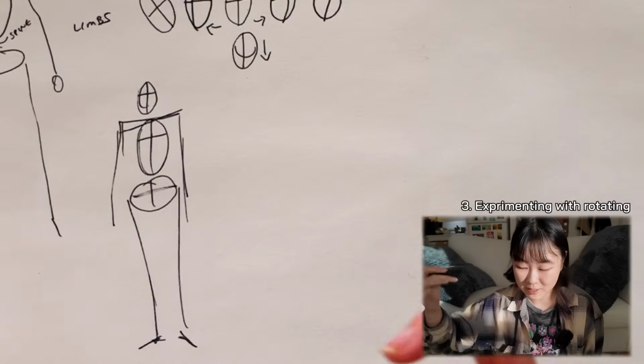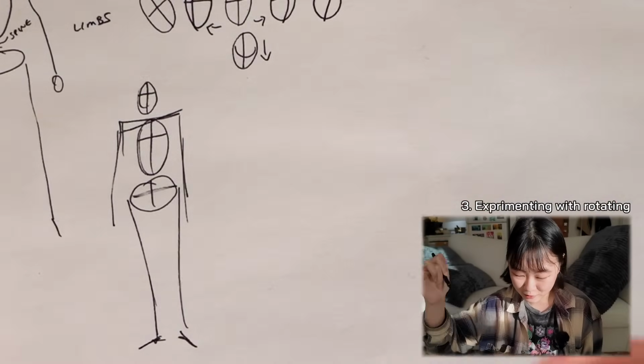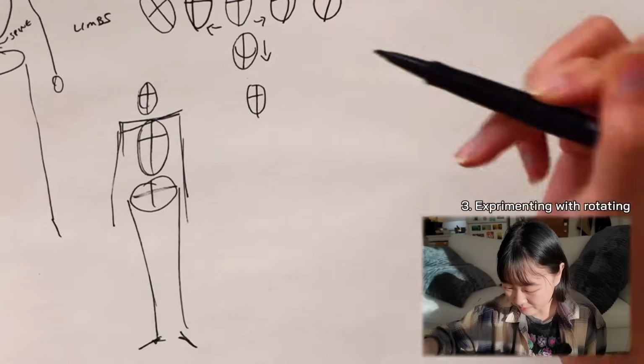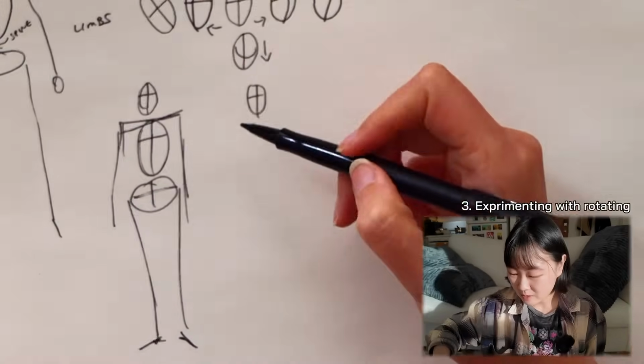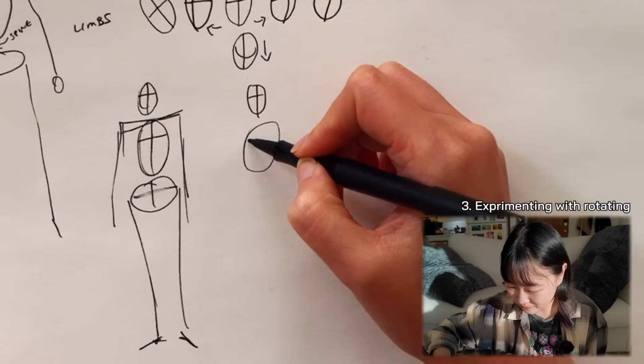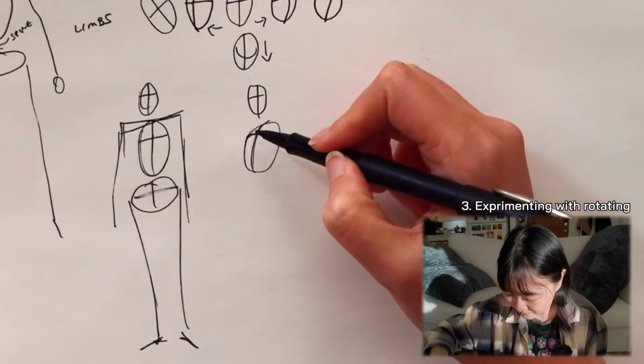Just start experimenting with different combinations of different rotations of the head, torso, and pelvis. So for example, you could be like, okay, I'm going to keep the head straight front of head normal. But what if the torso was tilted upwards a little bit and to the viewer left?